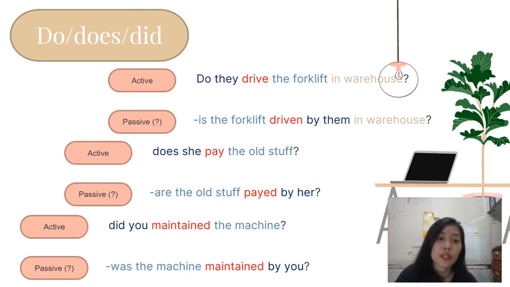And for the interrogative sentence, is the old stuff paid by her? The last example, did you maintain the machine? And for passive interrogative, was the machine maintained by you?